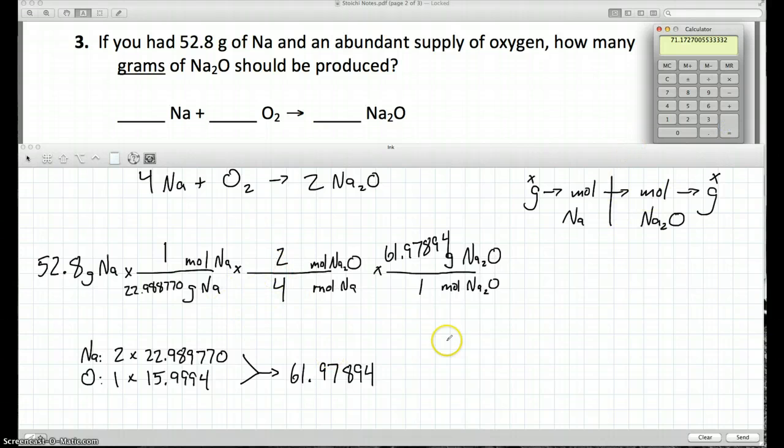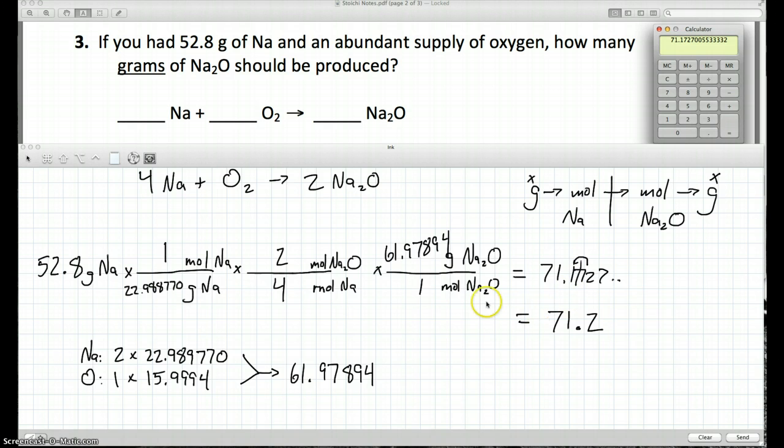I want 3 sig figs, so 71.1727 is going to equal 71.2, because I cut it off here, and the 7 makes the 1 round up.